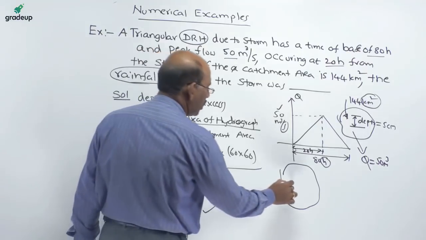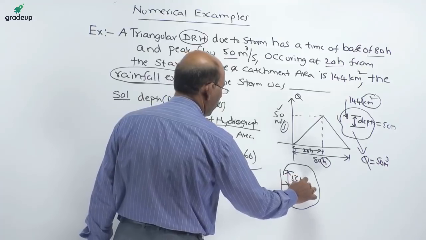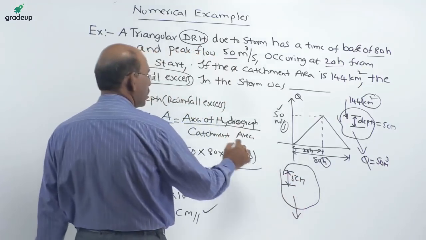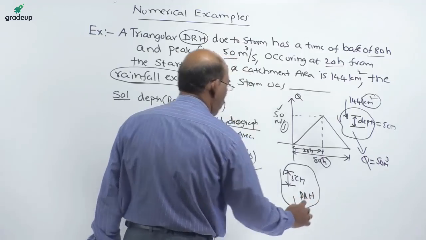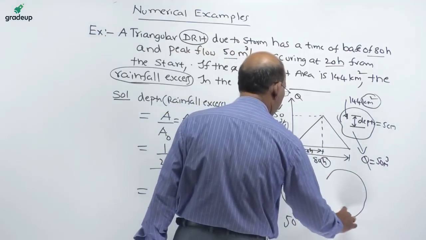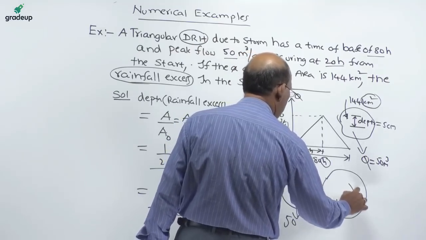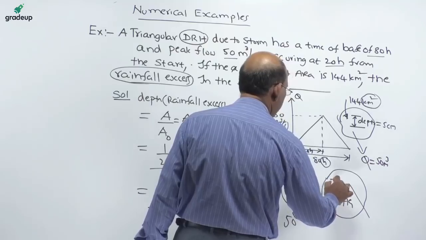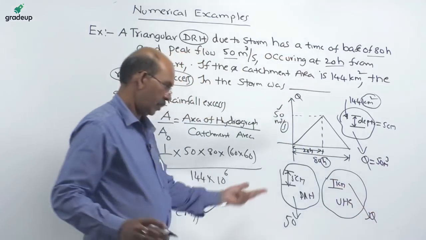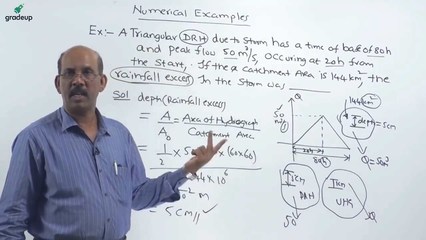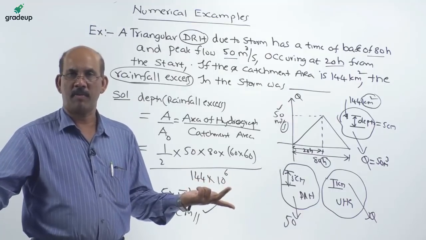That means if the water is moving with 5 centimeter, the discharge flowing is 50. This is DRH. Suppose we want the unit hydrograph ordinate from this particular one, the depth is 1 centimeter, what is the Q?